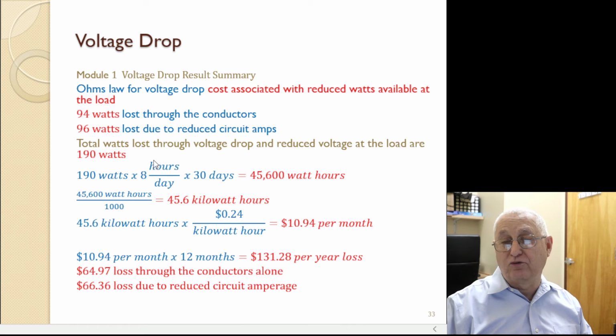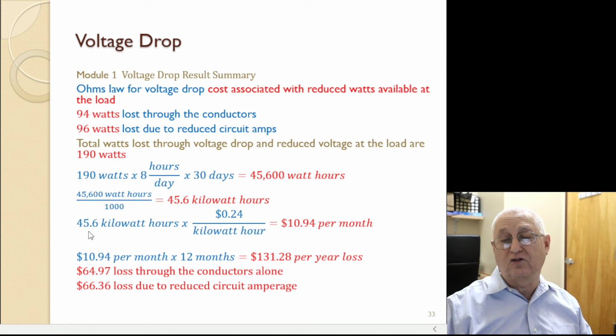190 watts times 8 hours a day times 30 days equals 45,600 watt-hours. We divide that by 1,000 to get it into kilowatt-hours, 45.6 kilowatt-hours. That's what the utilities bill us in.